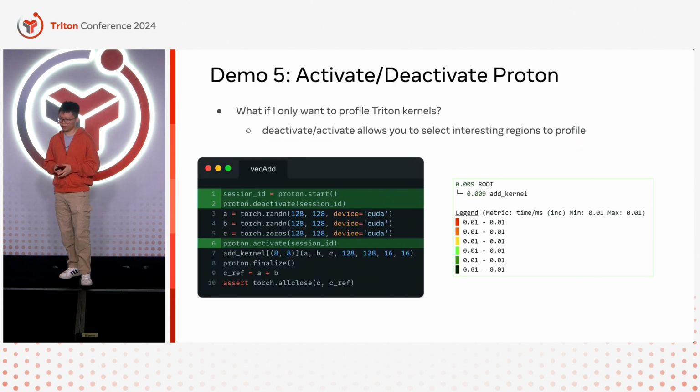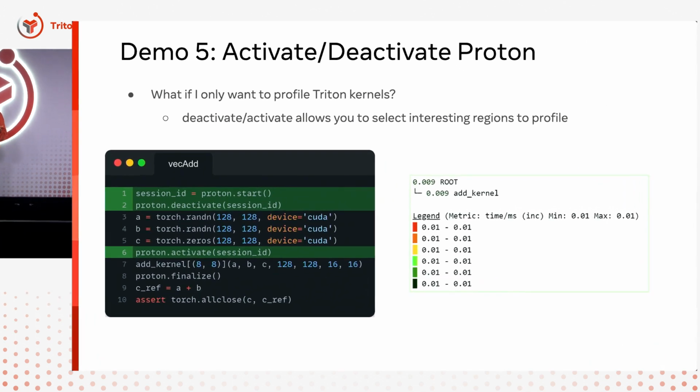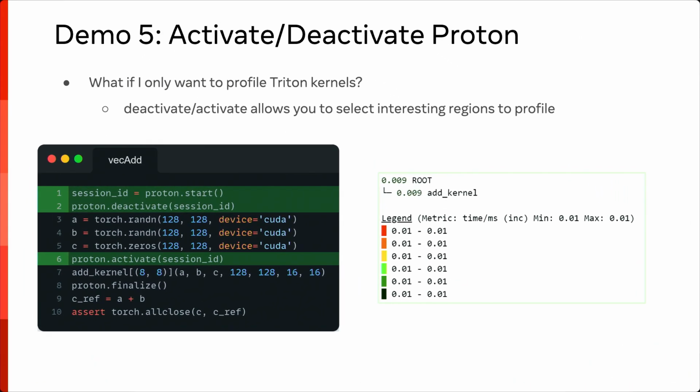Sometimes we probably only care about performance of Triton kernels, but not these PyTorch kernels because they have already been optimized pretty well. In that case, we will invoke the deactivate and activate APIs that we talked about before, which allow you to select interesting regions to profile. After starting profiling using proton.start, we get a session ID back.